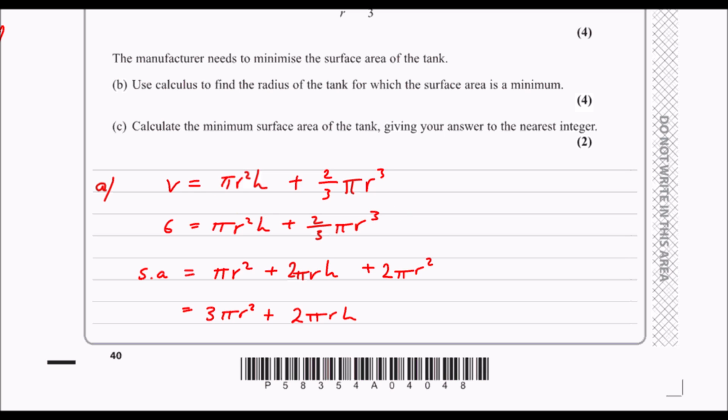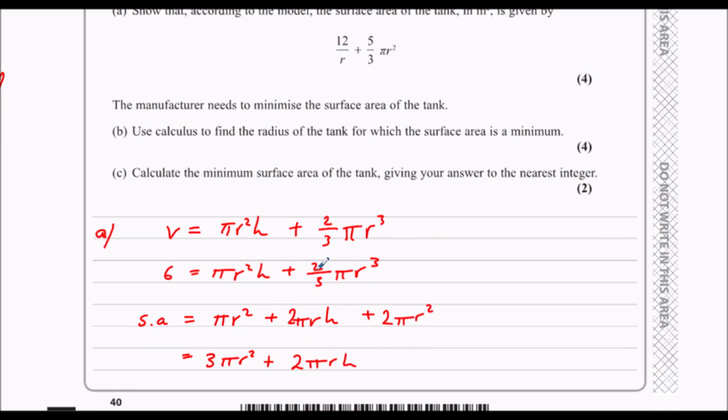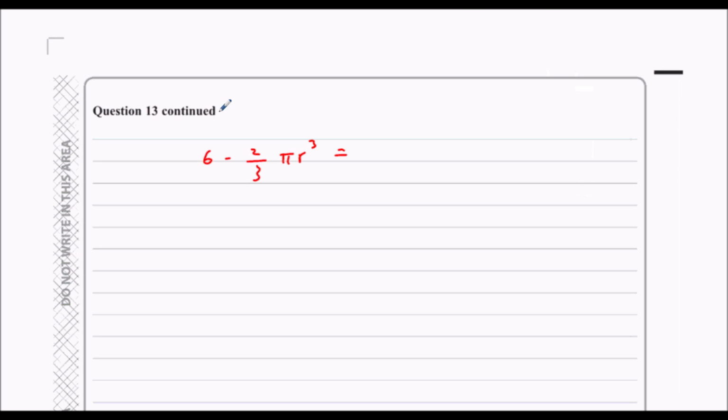So we've got 6 minus 2/3 pi r cubed is equal to pi r squared h.